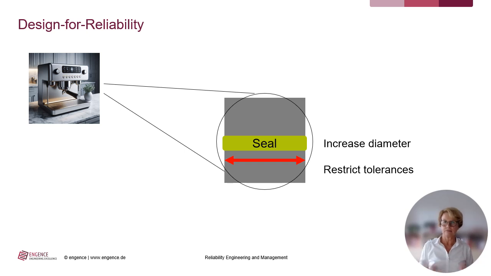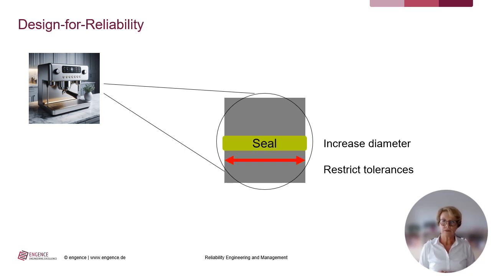Again, let's take our seal of the coffee machine and look how design for reliability measures could work. In principle, we have the following options for improving or increasing the reliability. Firstly, we can reduce the loads by reducing the pressure, for example, by increasing the pipe diameter.